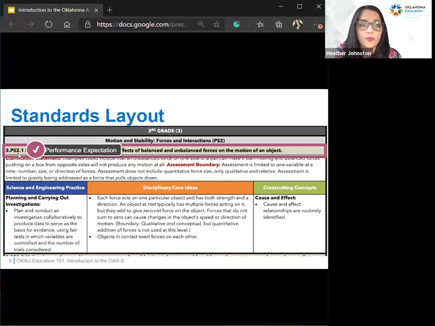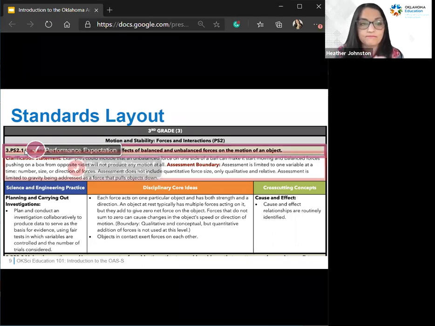And then the 2.1 ties back to this idea category. So you see the 2 here, and it's just the first one that happens to be there. Every standard has a code, and once you become a little more familiar with it, it's a lot easier to understand. So don't feel like you have to memorize it, but it's very similar across the board, so you just get comfortable with it.